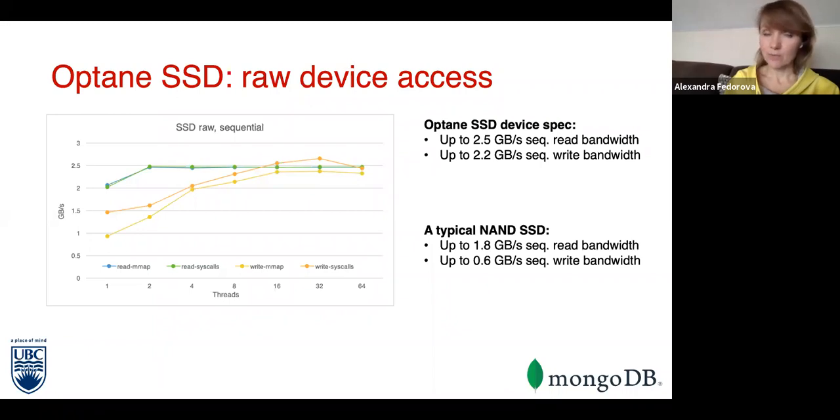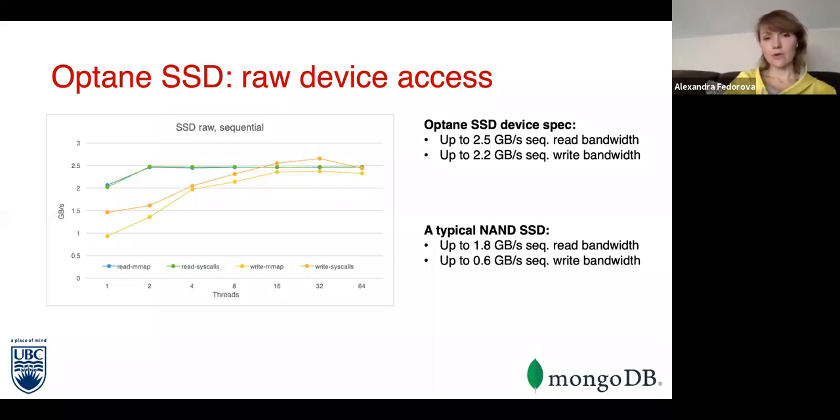So there's probably some buffering going on here. By comparison, if you use a typical NAND SSD, the spec tells us that the read bandwidth would be up to 1.8 gigabytes per second sequential bandwidth, and up to 0.6 gigabytes per second of sequential write bandwidth.